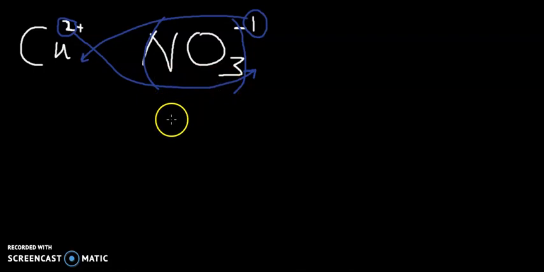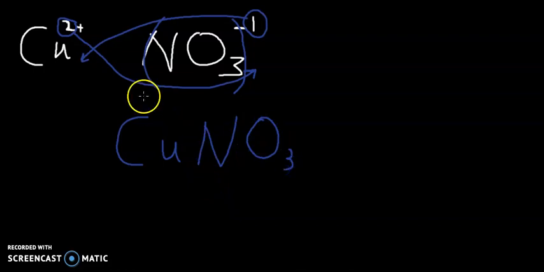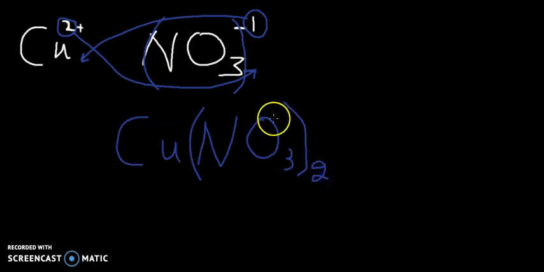So the compound here would be Cu1, and I told you we don't write the 1, NO3, which is the nitrate, and it has gotten a 2 from copper, so you put brackets and you put 2. When do we put brackets? When you have a polyatomic anion and you have a subscript number other than 1.